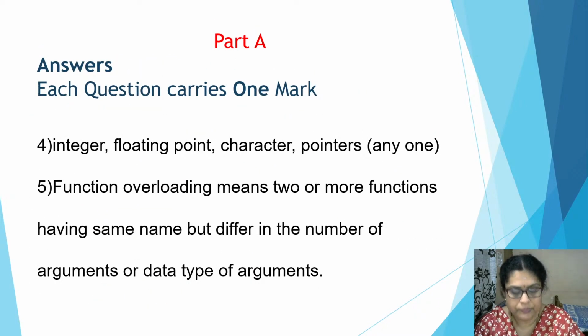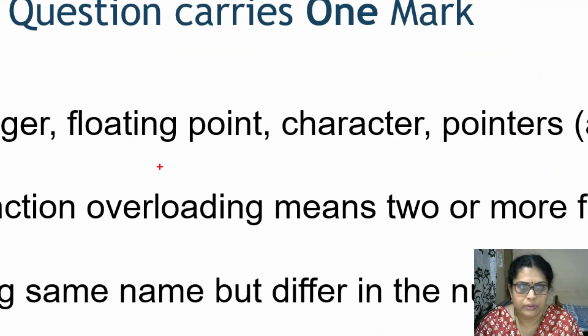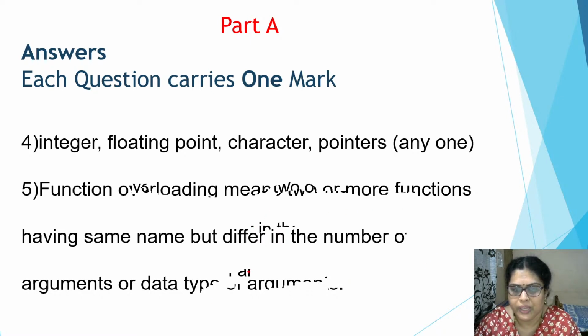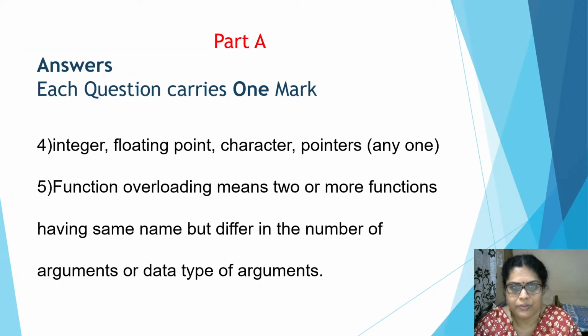Here, function overloading means 2 or more functions having the same name but differing in the number of arguments and the data type of arguments. Okay, so that is known as function overloading.